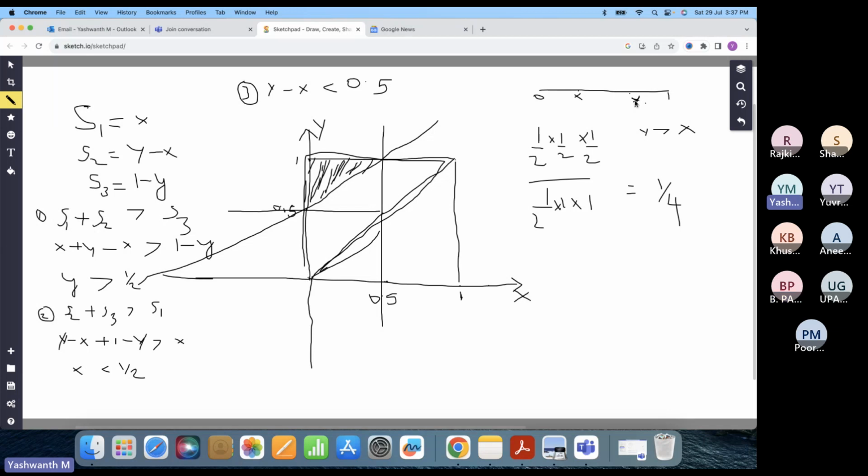But then y is strictly greater than x because you are cutting into three pieces. To get three pieces, y has to be greater than x. That's why you got a triangle as a sample space. Adding the triangular constraints, you get this desired area. That's clear.